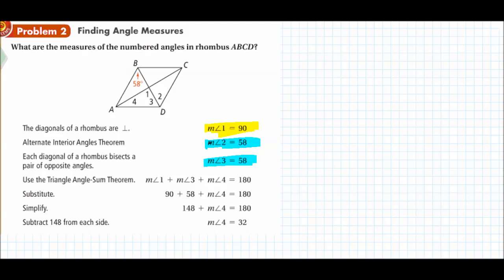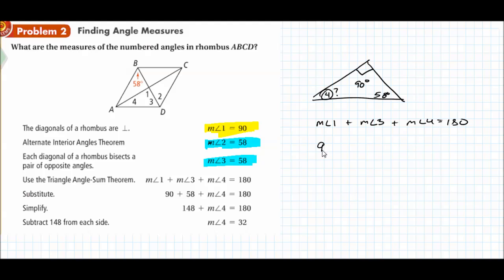Well, we can remember a few things, so let's just draw our triangle of the bottom part again. We know angle 1 was 90 degrees. We know angle 3 is 58. So angle 4 we've got to figure out. That's the question mark. So we know the measure of angle 1 plus the measure of angle 3 plus the measure of angle 4 will equal 180.